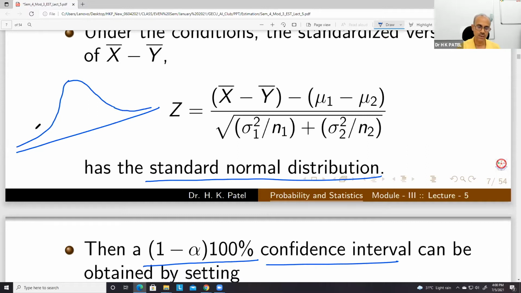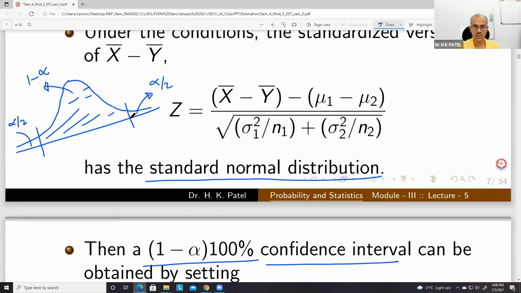So 1 minus alpha, we know that this part is 1 minus alpha, and this part is alpha by 2, and this part is again alpha by 2. So these are area or probability.